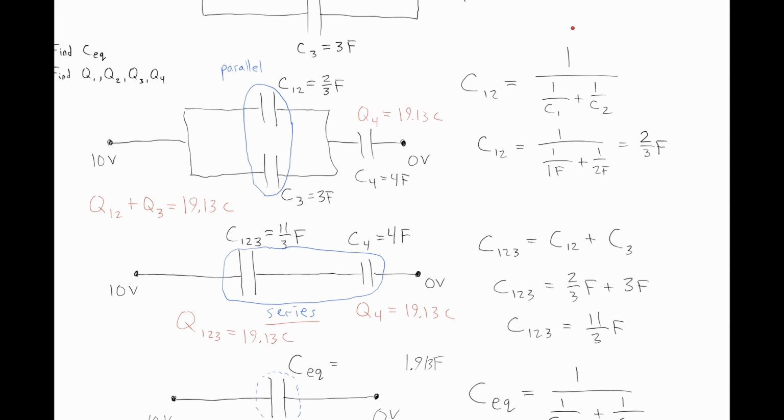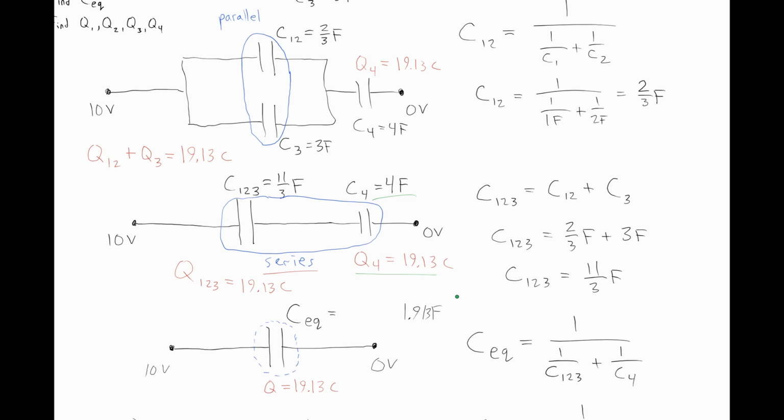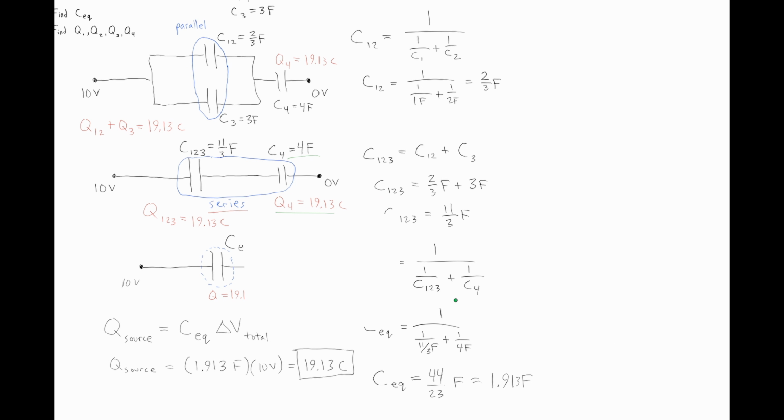So how can we find the voltage? Well, we know in our second to last picture what the charge of Q4 is. We know what the capacitance of C4 is, so we can find the voltage drop across C4. So I'll just do that on the side here.